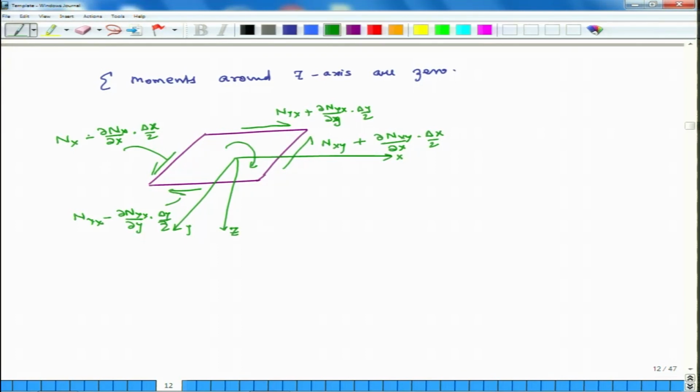Now, when we were developing relations for A, B, D, we said that tau xy is always equal to tau yx. Oh, sorry. So, this is okay. So, we will change the direction. What you are saying is right.